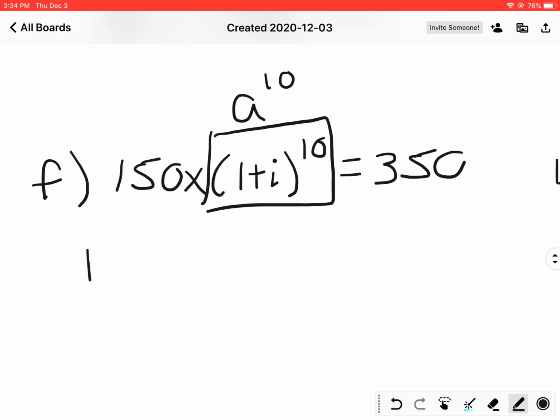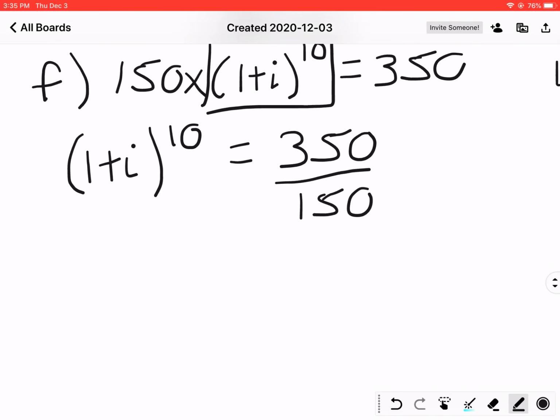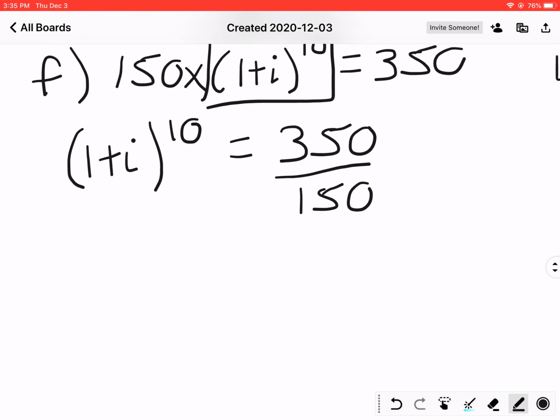So I'm going to get 1 plus i to the exponent 10 is 350 over 150. And I'm not even going to calculate that. You can if you want, but I'm not even going to calculate it. If you do, it happens to be 2.3 repeated.